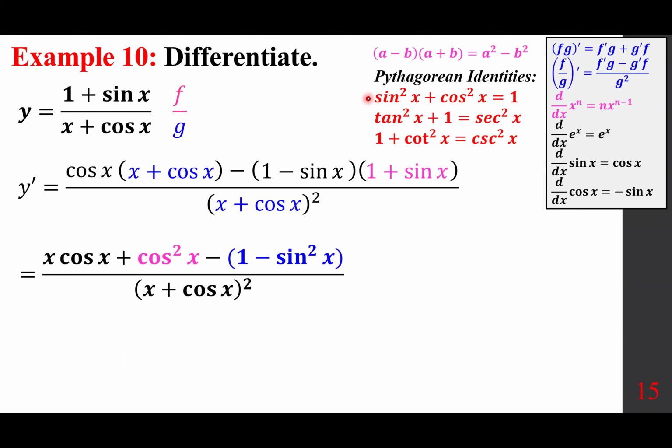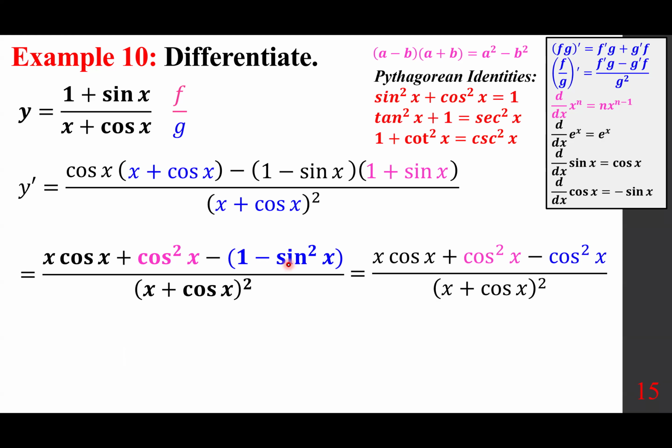And we're going to use the first one. If sine squared plus cosine squared is 1, 1 minus sine squared must be cosine squared. So cosine squared and minus cosine squared cancel each other, and we get x cosine x in the numerator. Needless to say, we did the distribution here, x cosine x and cosine squared. And that's the final answer.